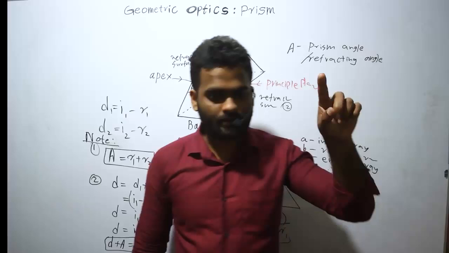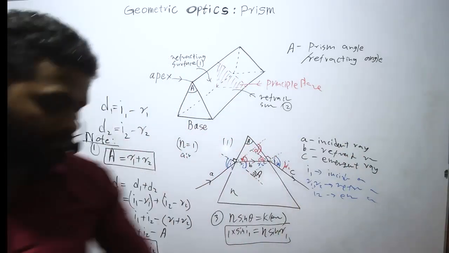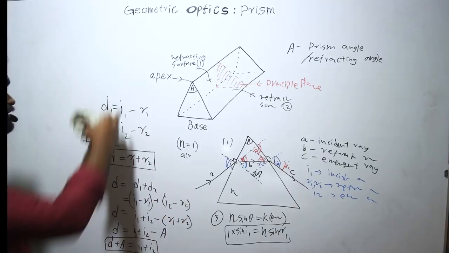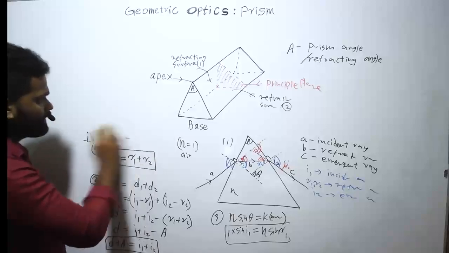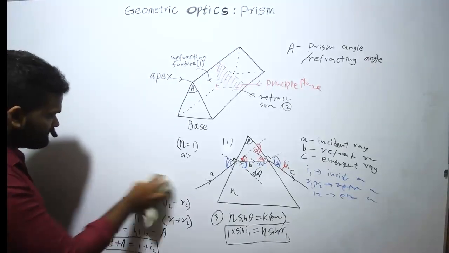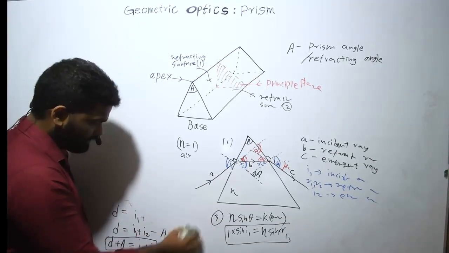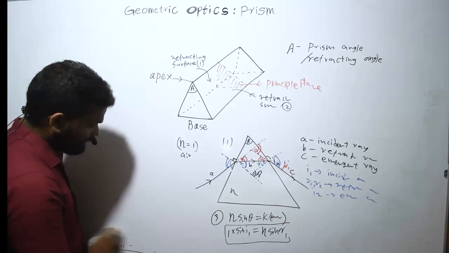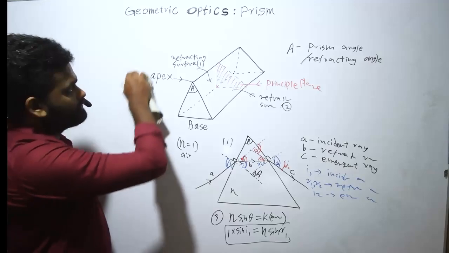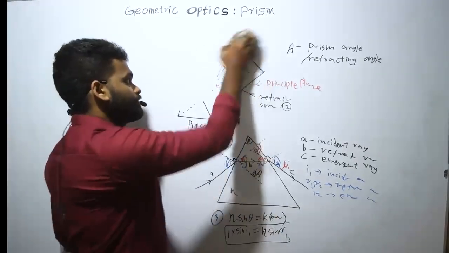Write down Q, and write down: find the emergent angle, within brackets I2, and the angle of deviation, within brackets simple d.